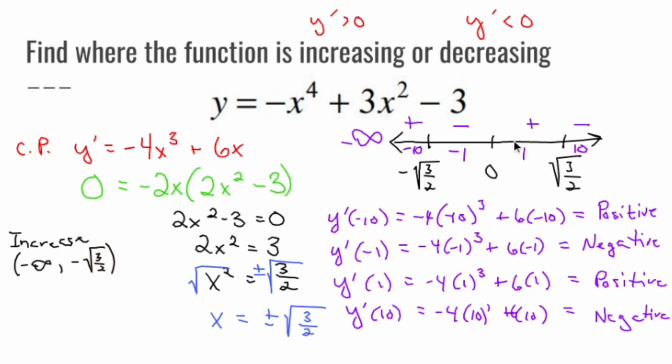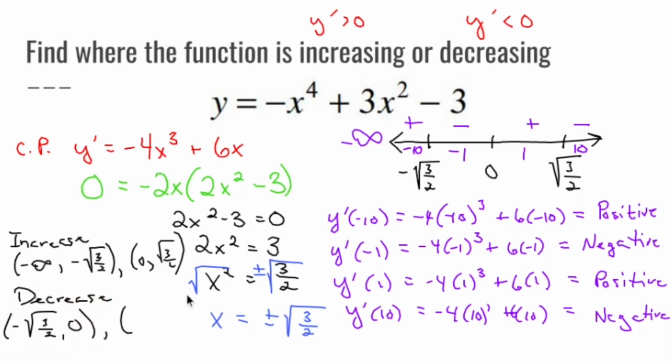Also, it's increasing on the interval 0 to root 3 over 2. And it's decreasing between negative root 3 over 2 to 0 and root 3 over 2 to infinity.